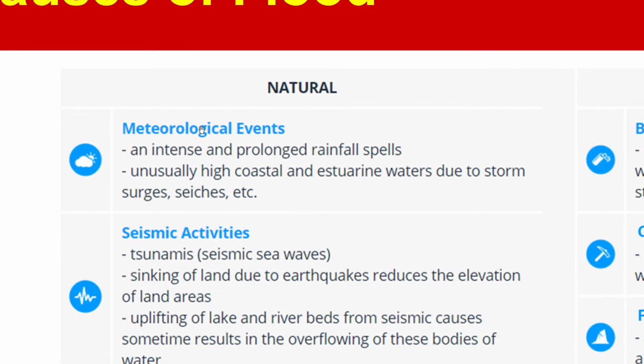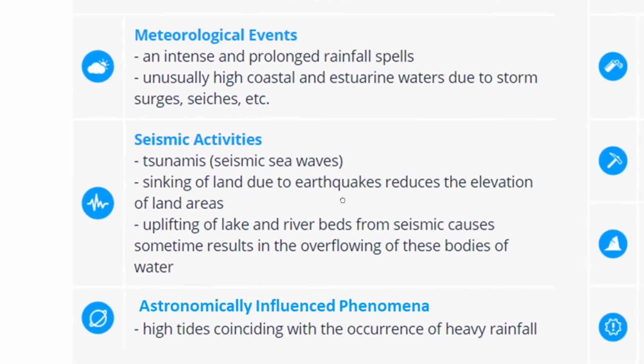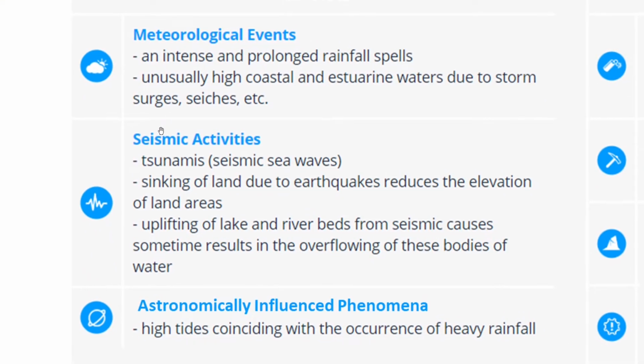Natural causes include meteorological events, an intense or prolonged rainfall, usually high coastal and estuarine waters due to storm surges, seiches, etc. Another natural cause of flooding is seismic activities. For example, tsunamis.